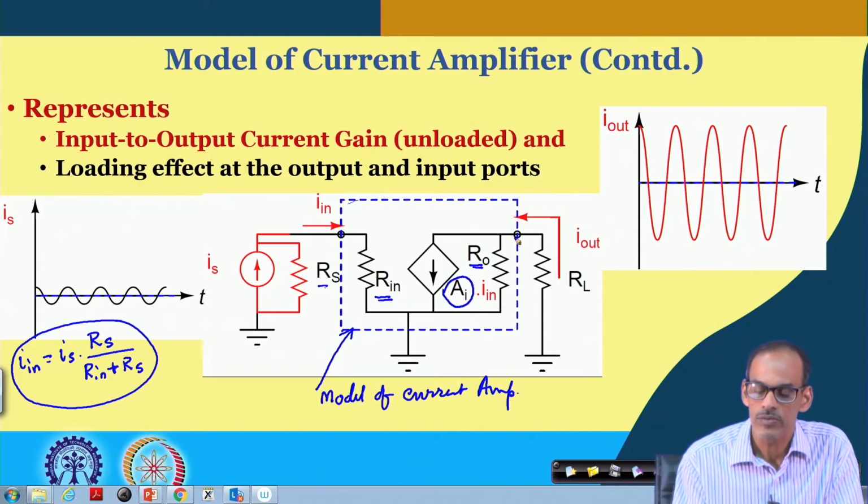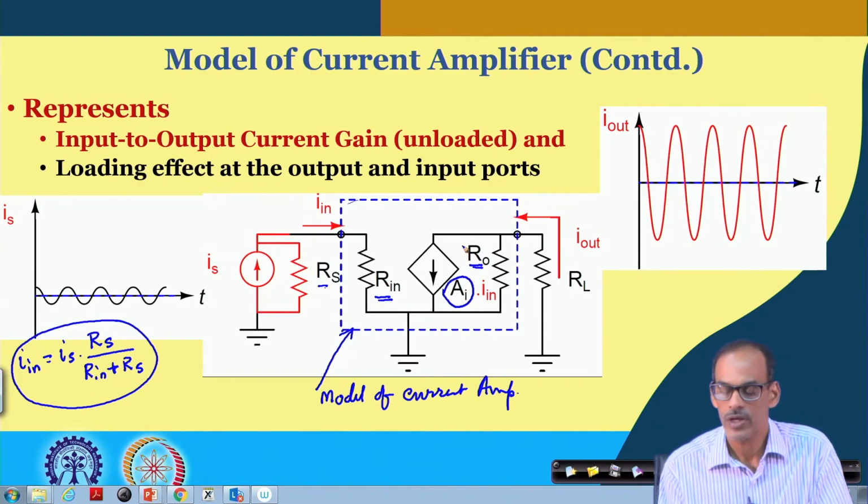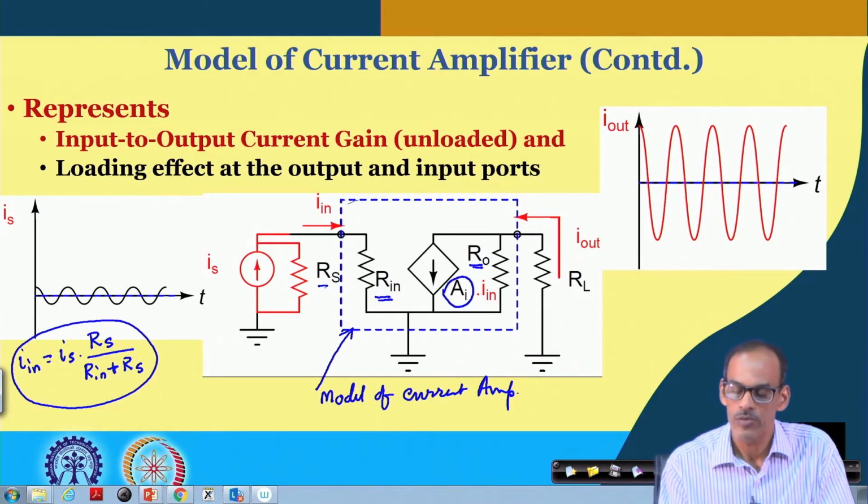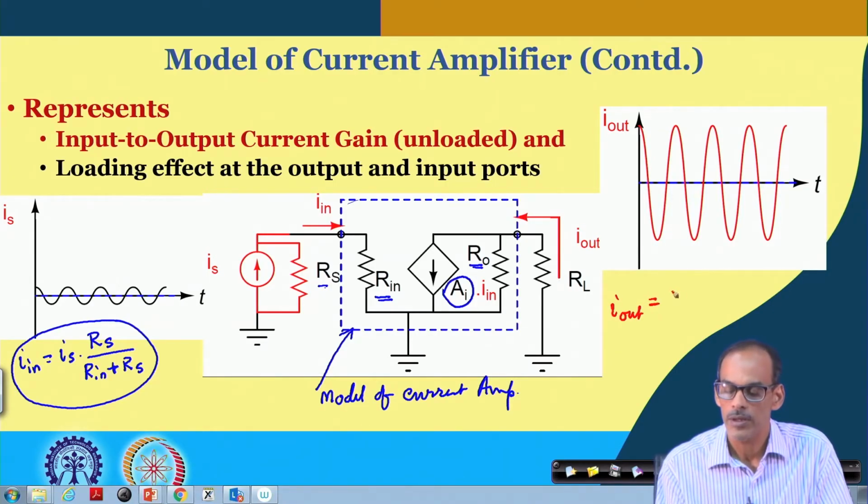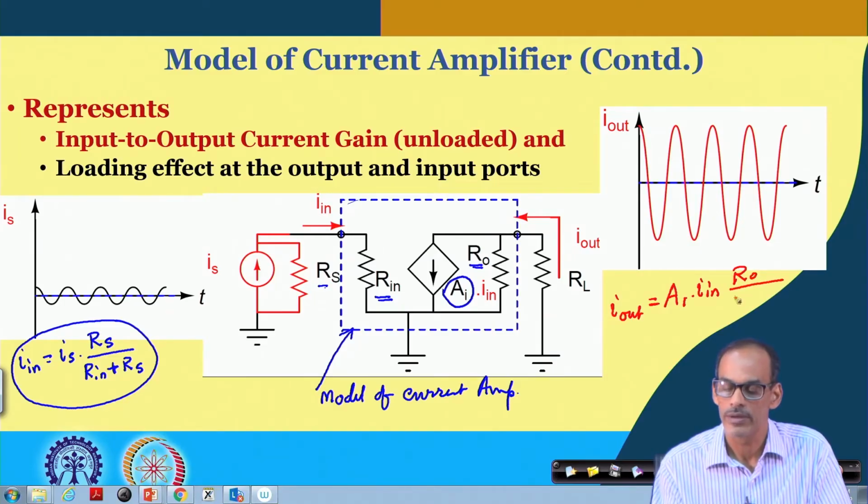Likewise at the output port, the output current I_out is the internal unloaded current A_I times I_in, multiplied by R_o divided by (R_o + R_L).